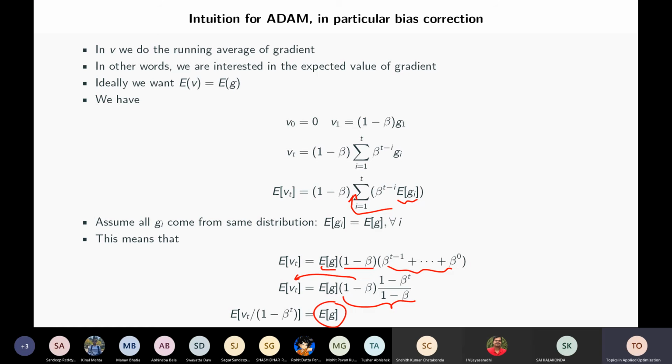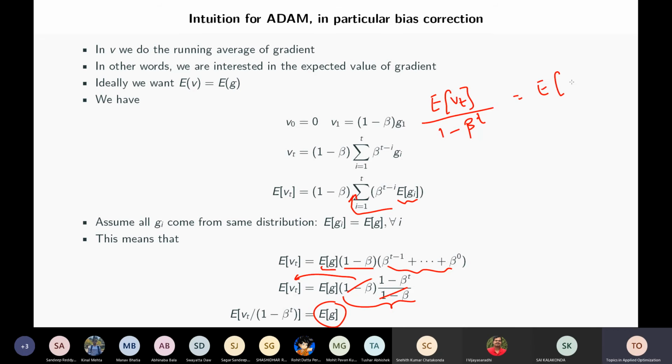So that tells us that we should divide the expectation of Vt by this term. The 1 minus beta got cancelled, so this is 1 minus beta to the t.